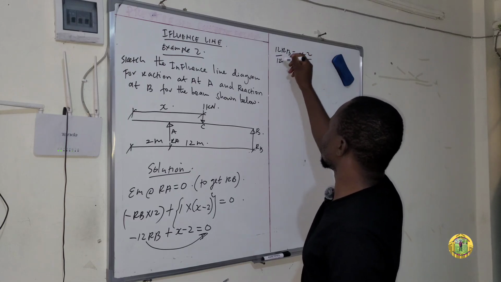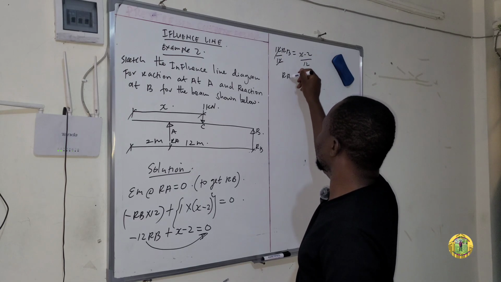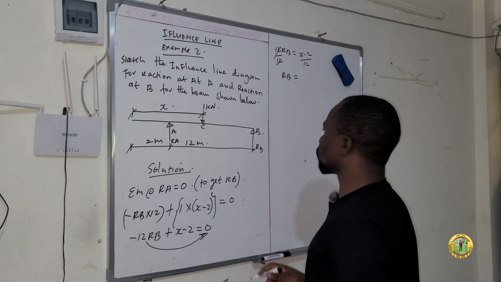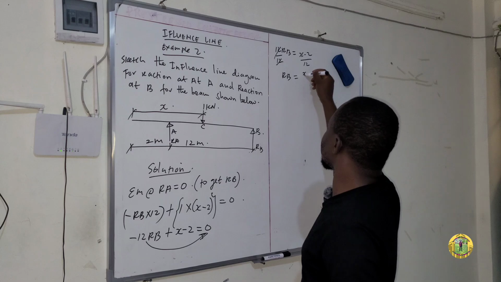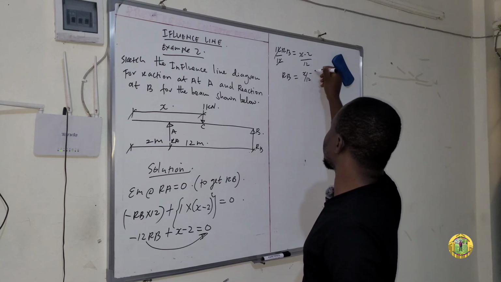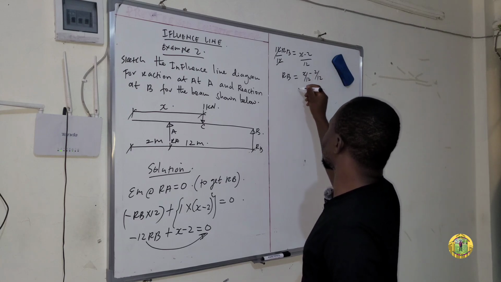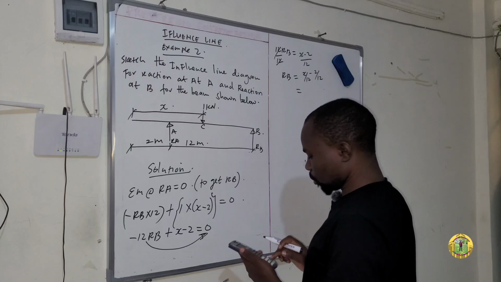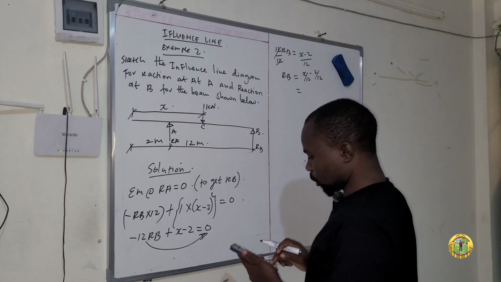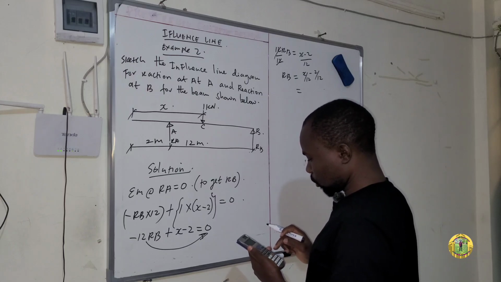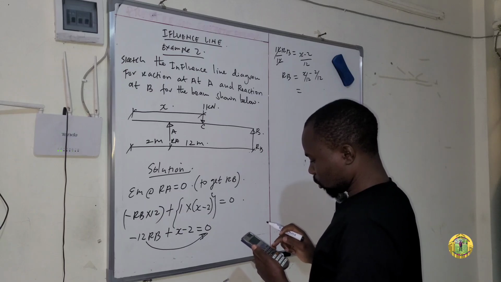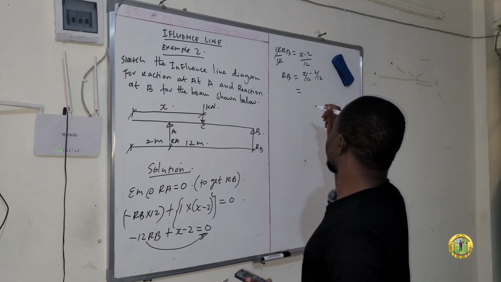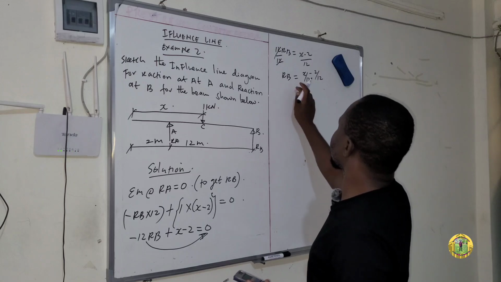So RB is equal to x over 12 minus 2 over 12, which is 1 over 6. So let's remain like that. So this is RB.